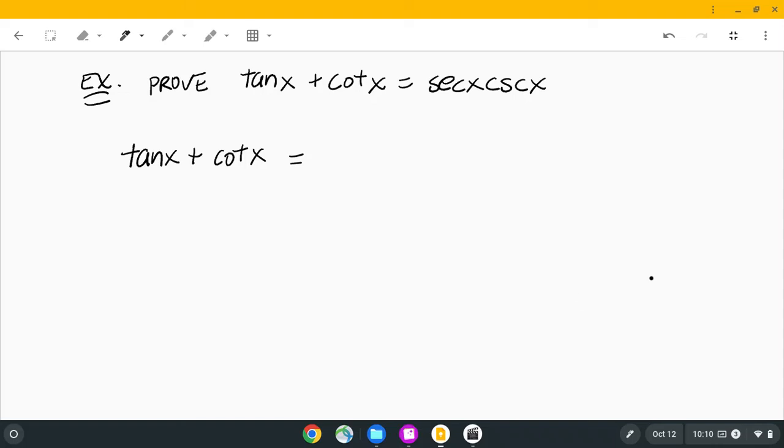Okay. All right. So here I'm going to rewrite these using sines and cosines. I'm going to rewrite this as sine x over cosine x, and I'll see what I can do from there. So cosine x over sine x. All right.